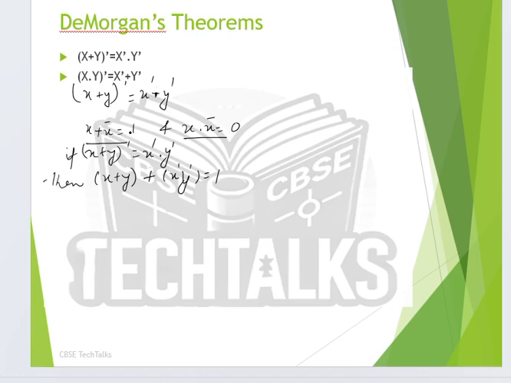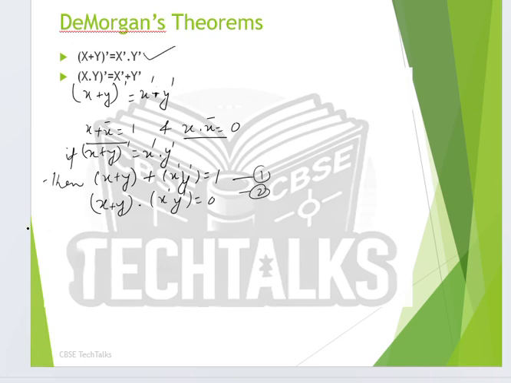We know x plus x complement equals 1, so we are assuming that this is x, so this will also be x because left hand side equals right hand side. And the second will be what? (X + y) dot x complement y complement equals 0. If we prove this equation and this equation, you will assume that this equation is true.